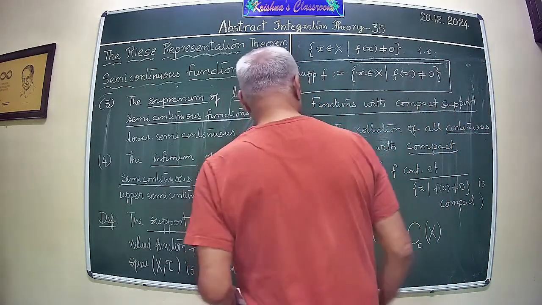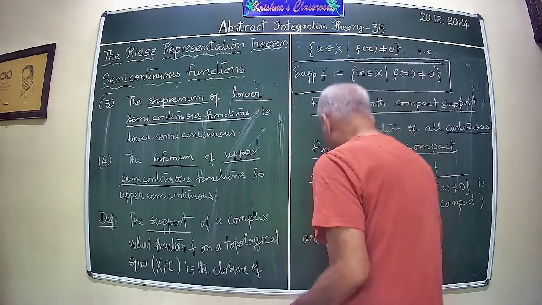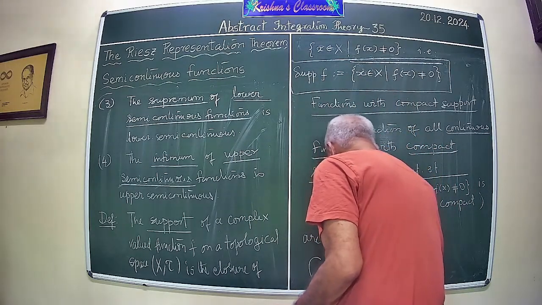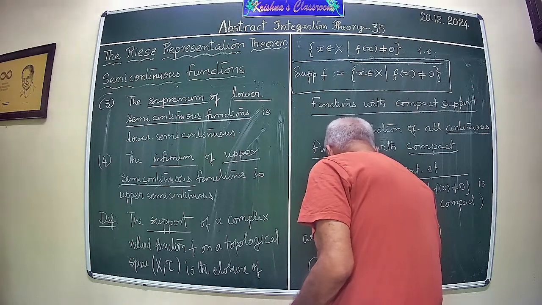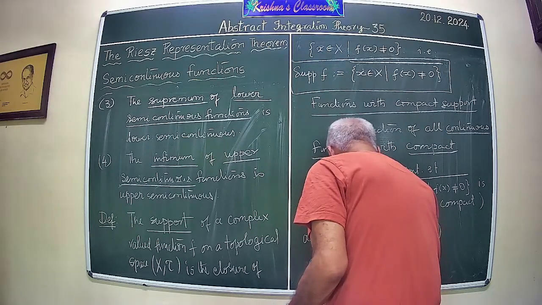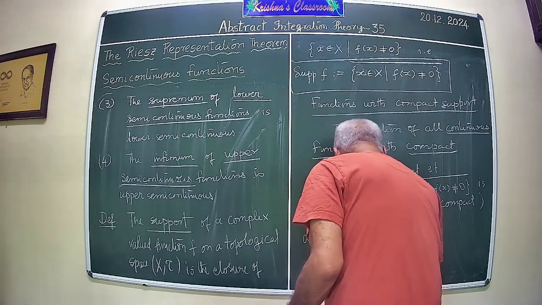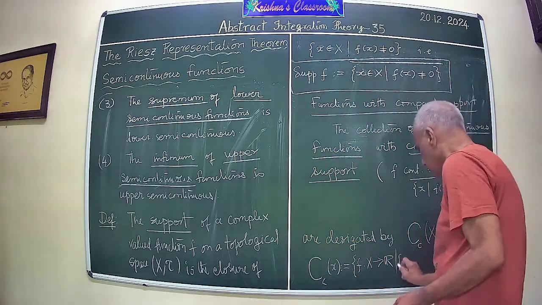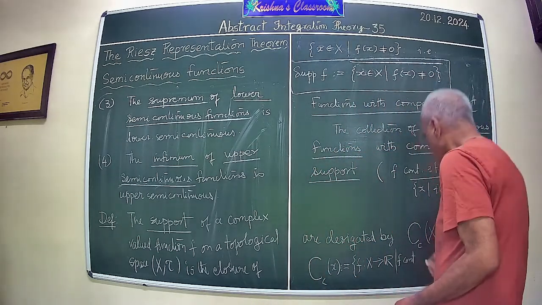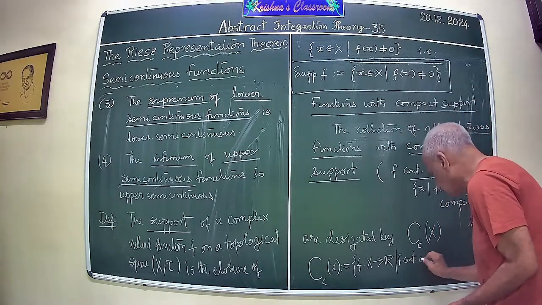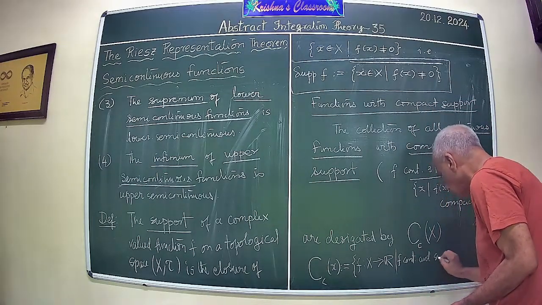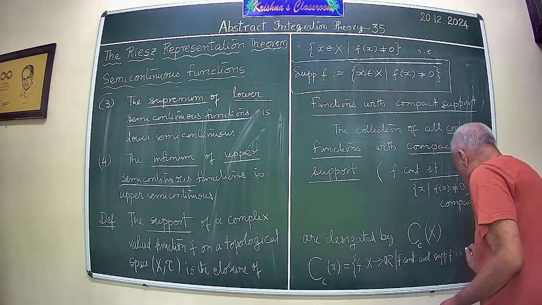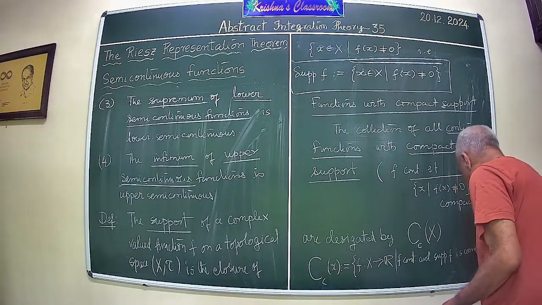Now, so Cc(X) is continuous and compact.